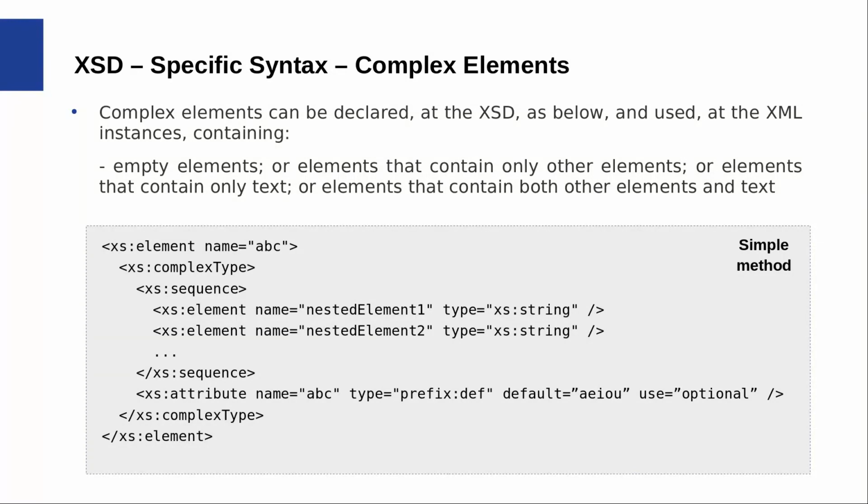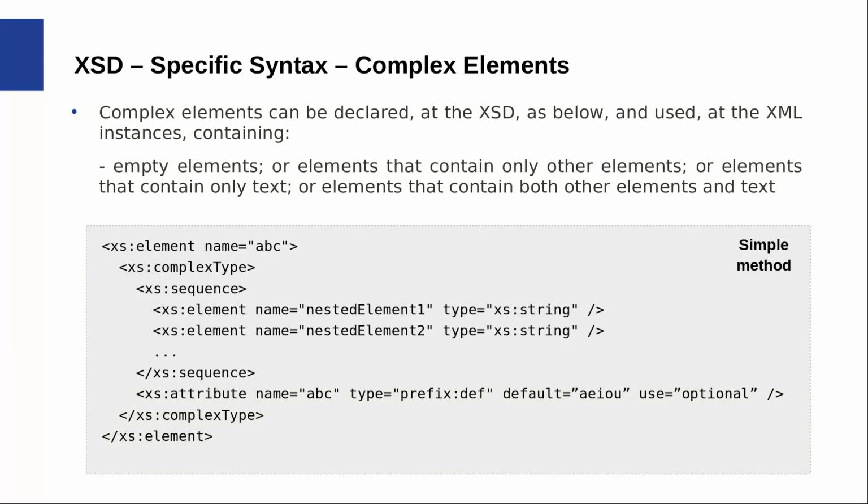So at the XML instances, you will be able to use elements that can be empty elements when the complex element contains no content at all, or complex elements that contain only other elements and no text content, or complex elements that contain only text and not any other element nested to it, or elements that contain both other elements as well as text.